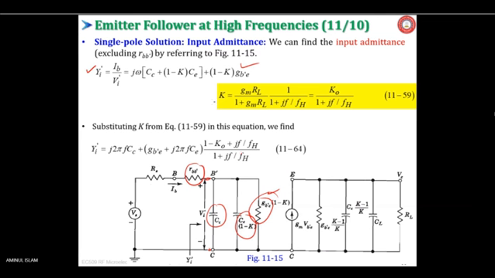So substituting the value of K that was obtained here into this equation, we get YI prime as this. This much big equation we get when you put the value of K in this.